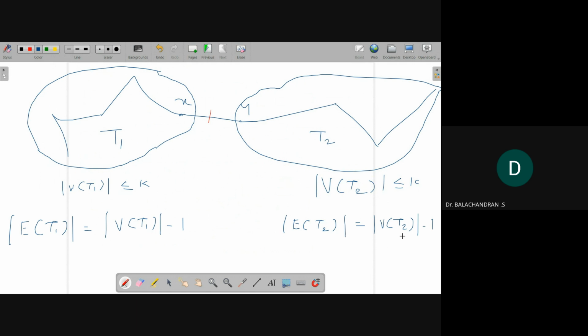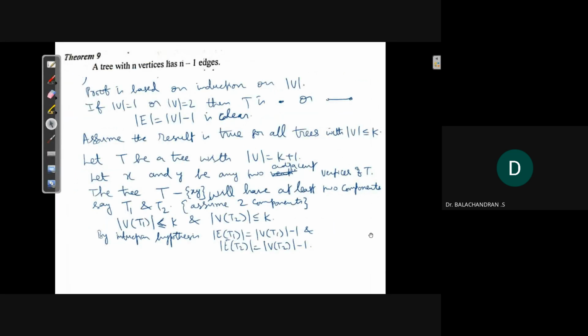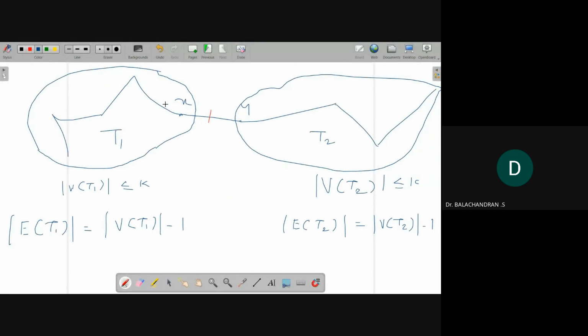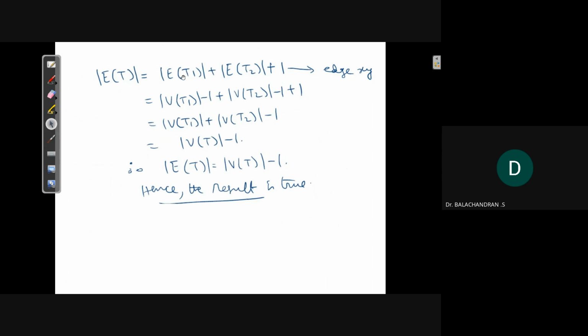Now we are going to calculate the number of edges in the total T. The number of edges in T is nothing but the number of edges in T1 plus the number of edges in T2 plus this edge, because xy is also in T. So the number of edges in T equals the number of edges in T1 plus the number of edges in T2 plus 1.